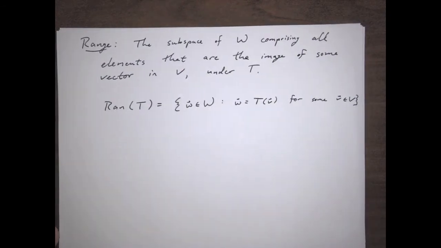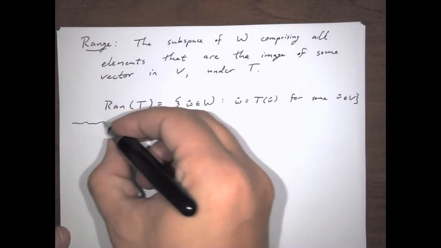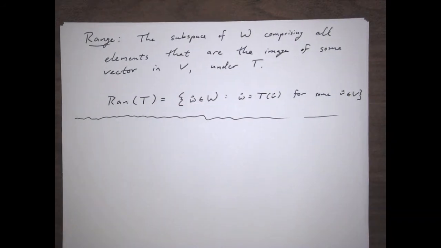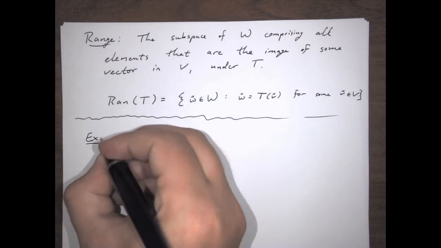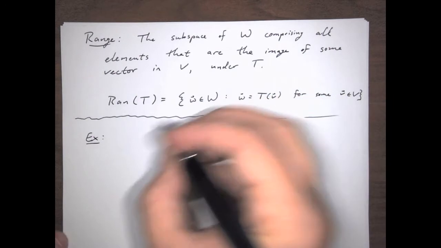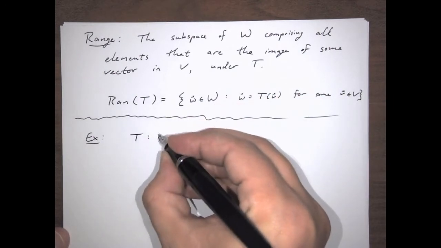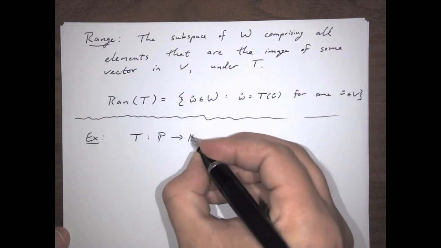So let's give, as an example, something that is not within the typical scope of what we've talked about in this class, which has always involved columns and matrices and things like that. But let's take as an example, let's say that T is mapping from the space of polynomials to the space of polynomials.